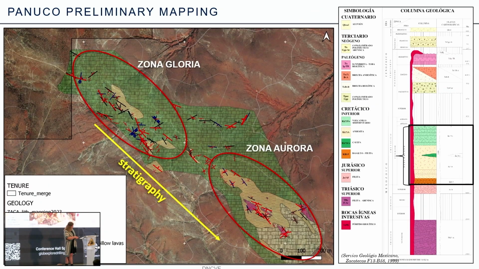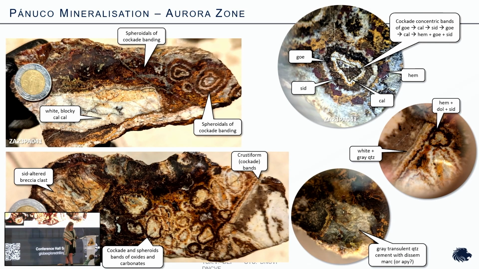So the AURORA zone, which is this zone down here, looks to be a bit more shallowly exposed. And there's a substantial amount of carbonate material, banded, cockade textured, spectacular rocks, very high level in appearance, and very oxide rich at this time.